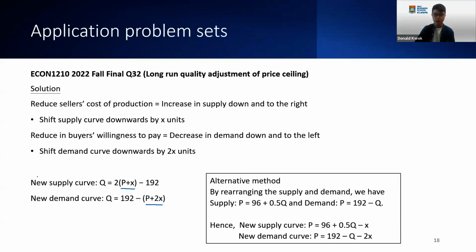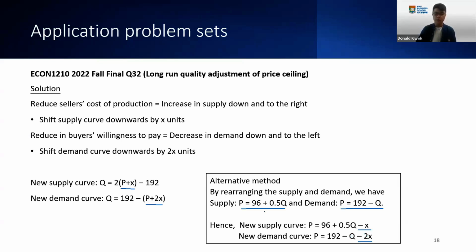If you find this hard to understand, you can do the alternative approach, which is to express the supply and demand function using P as a subject first, to take into account the reduction in production costs of the suppliers. Okay, we put the minus X here, and to incorporate the reduction in buyers' willingness to pay, we put the minus 2x here to derive the new demand and supply functions.